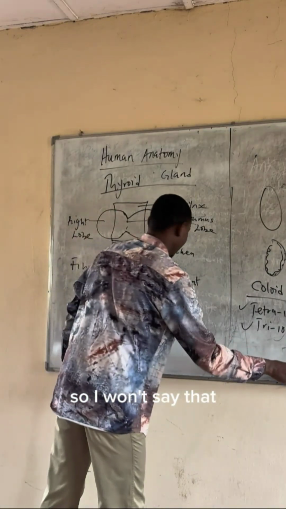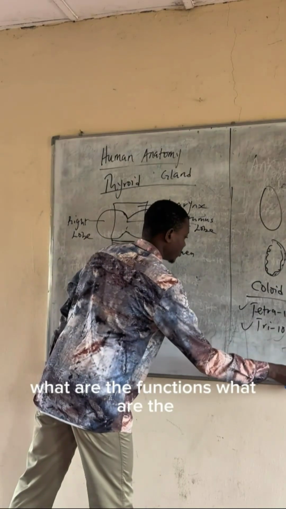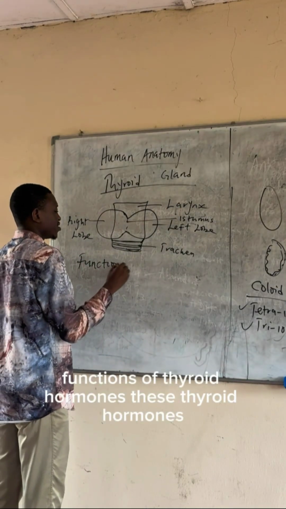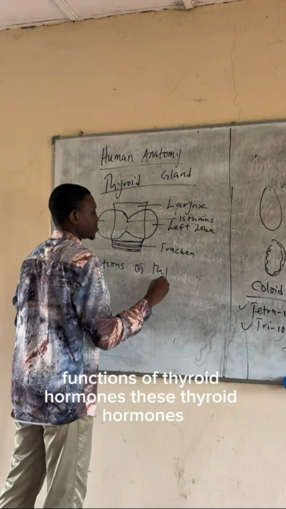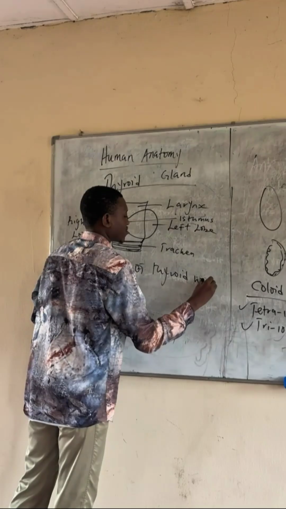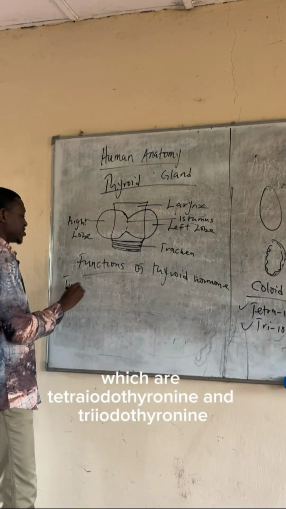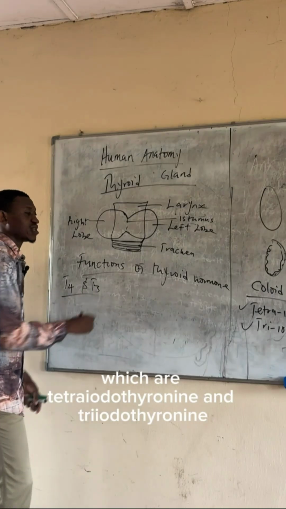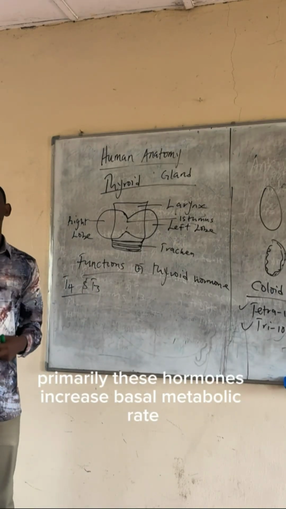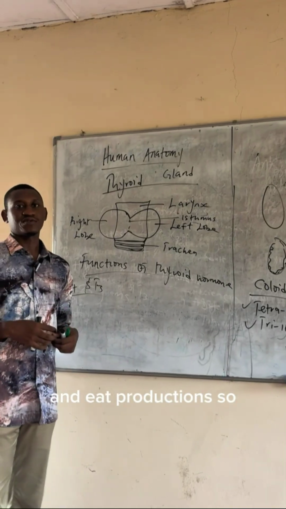What are the functions of these thyroid hormones, tetraiodothyronine and triiodothyronine? Primarily, these hormones increase basal metabolic rate and heat production.